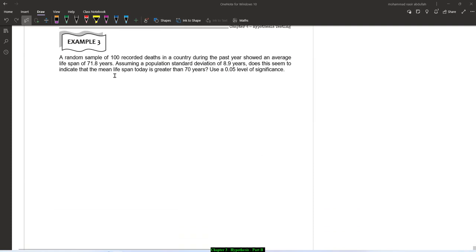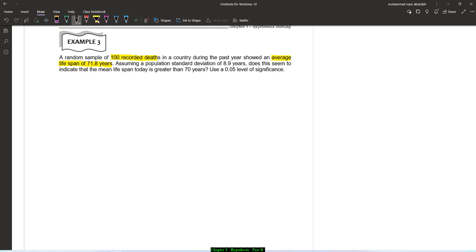Example number 3: a random sample of 100 recorded deaths in a country during the past year showed an average lifespan of 71.8 years.